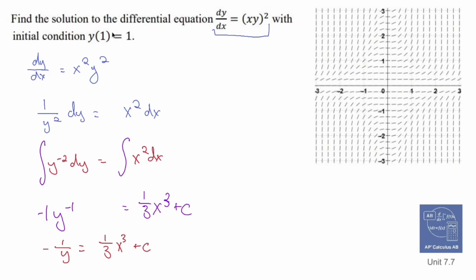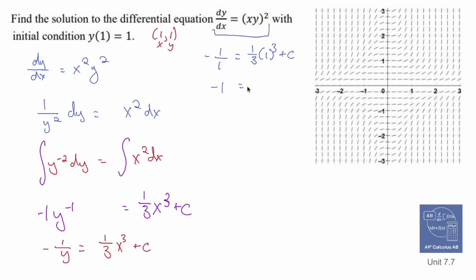What I know is we have an initial condition of the point (1, 1), which is an x and a y value. So what I can do is find out what c is depending on those points and then go from there. So I have negative 1 over my y value, which is 1, equals 1/3 times 1 cubed plus c.